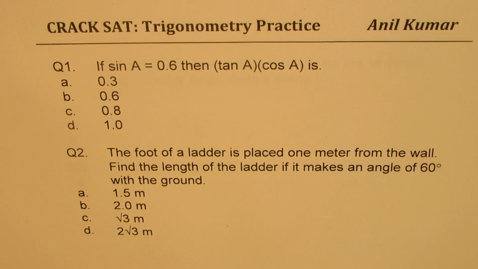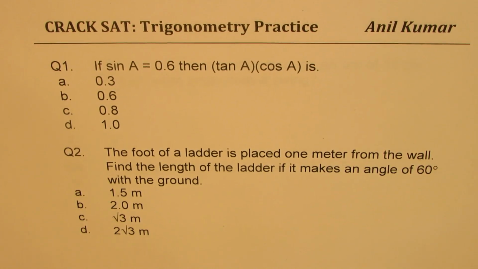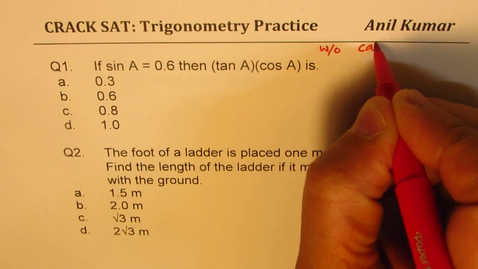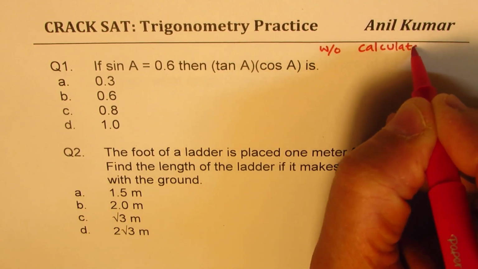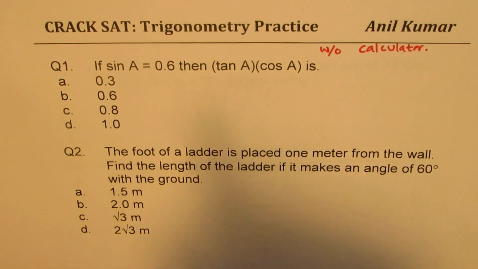Now let's see how to solve these questions. All these questions should be done without a calculator, correct? So first thing is we are going to work without a calculator. Question number 1 is straightforward. It says sine A is 0.6, then tan A cos A is what?